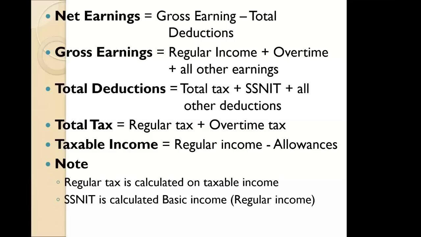Taxable income is regular income minus allowances. Remember that tax is always calculated on taxable income, and SNIT is calculated on your basic income, which is your regular income. No SNIT is calculated on overtime, except if all your work is overtime.